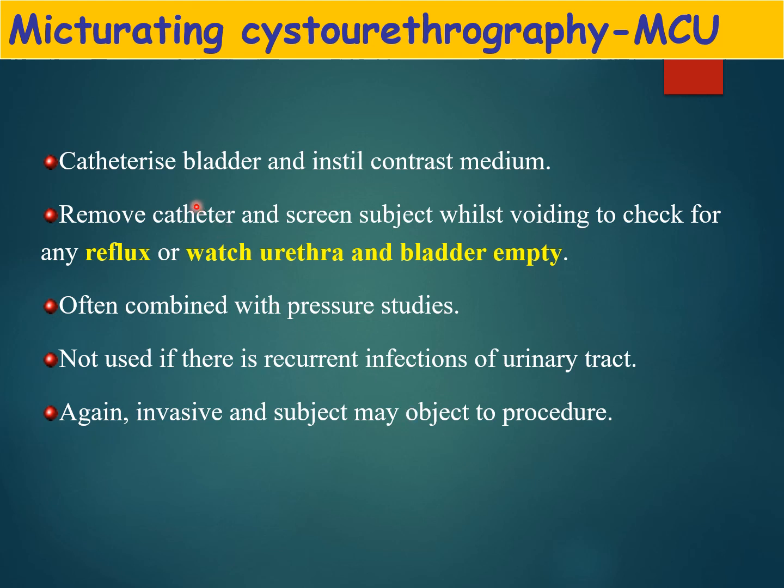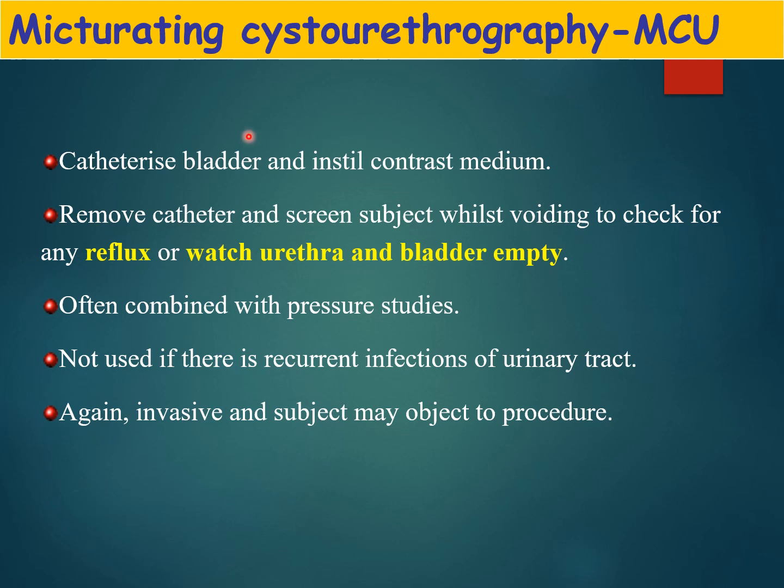spouses. For the micturating cystourethrography, this is intended mainly to see the reflux in both ureters. How to do that?